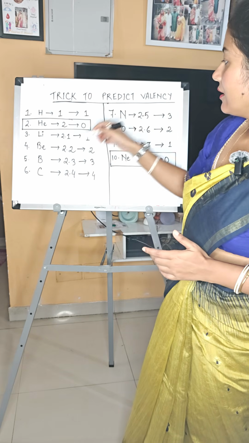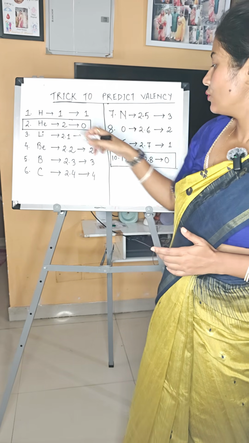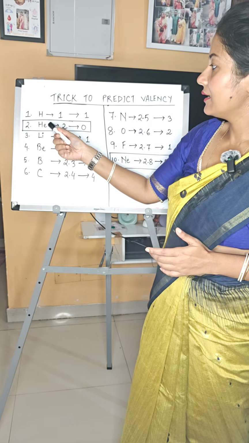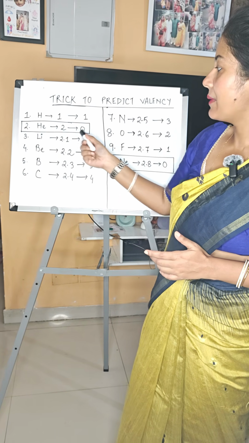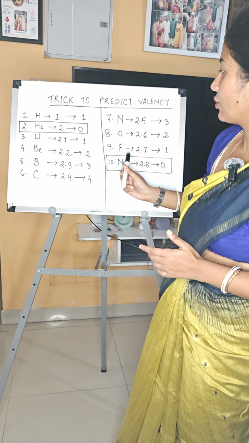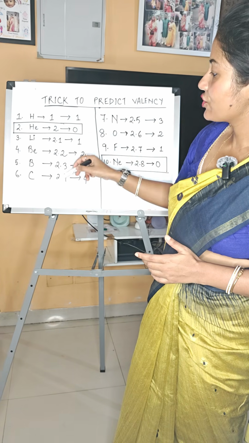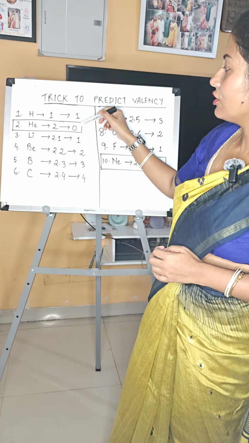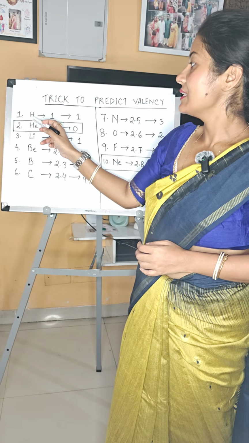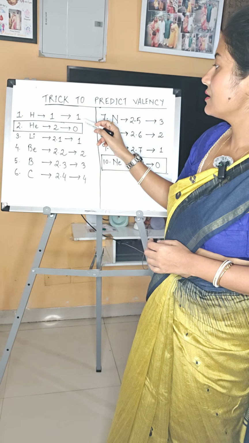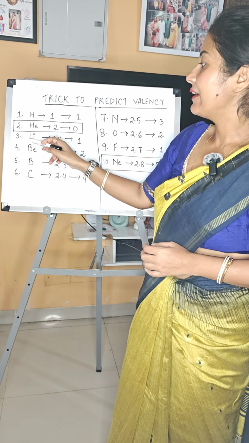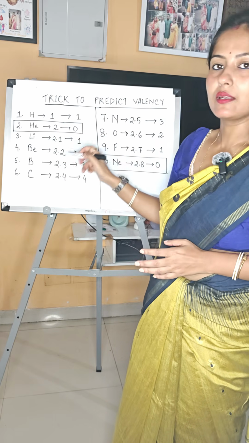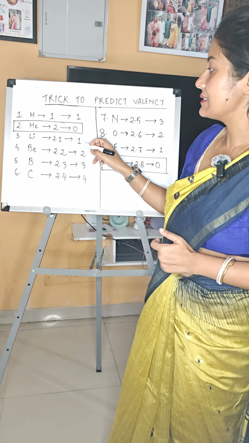Here are the elements from atomic number 1 to 10, and the stable or noble gases are marked here, that is helium and neon. These are the electronic configurations of the elements, and the next column is the valency. Since the valency of hydrogen is 1 and the valency of lithium is also 1, how do we predict these valencies?